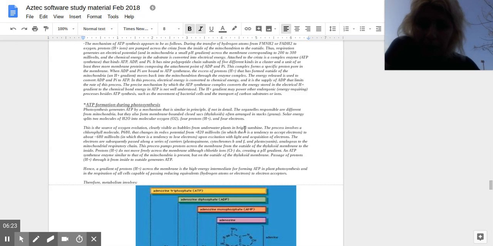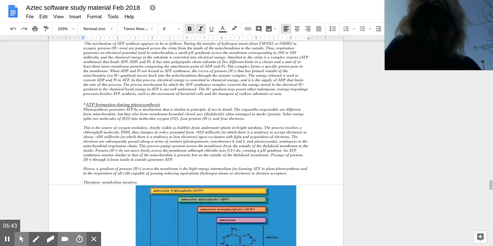So, in principle, they're similar, if not in detail. The organelles responsible are different from mitochondria, but they also form membrane-bounded closed sacs called thylakoids. These are in chloroplasts, often arranged in stacks called grana.